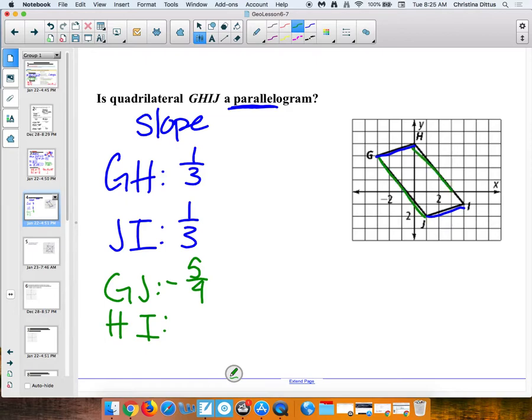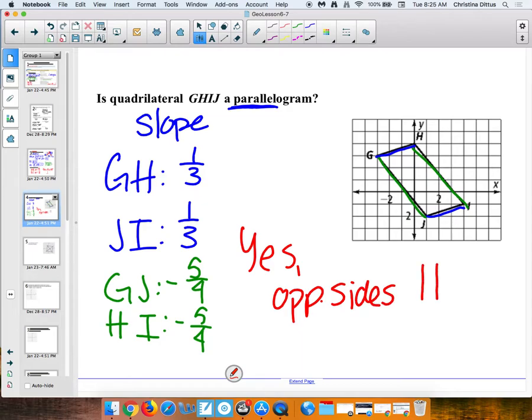Same, right? So do I have a parallelogram? Yes, because my opposite sides are parallel. Your opposite sides are parallel. Okay.